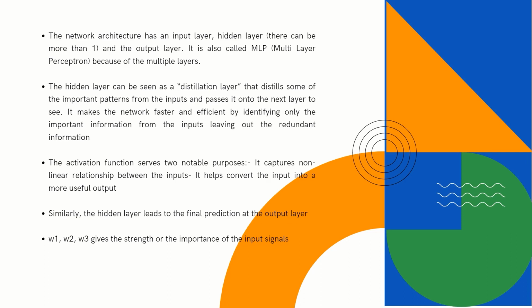So every input signal doesn't have an equal level of importance, so we need to judge the importance of that particular input signal and allocate the weight to it accordingly. So weights basically give strength or measure the importance of a particular input signal.